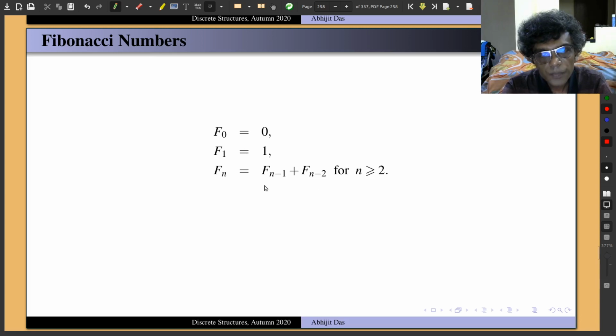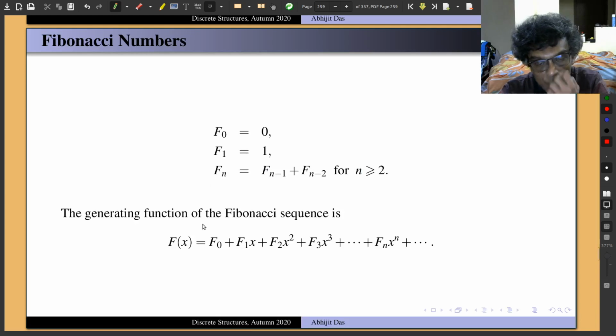Let me now look at the ordinary generating function of this sequence, fn. This will be like this, f0 plus f1x plus f2x square plus f3x cube and so on. The nth term is fn x power n. Okay.